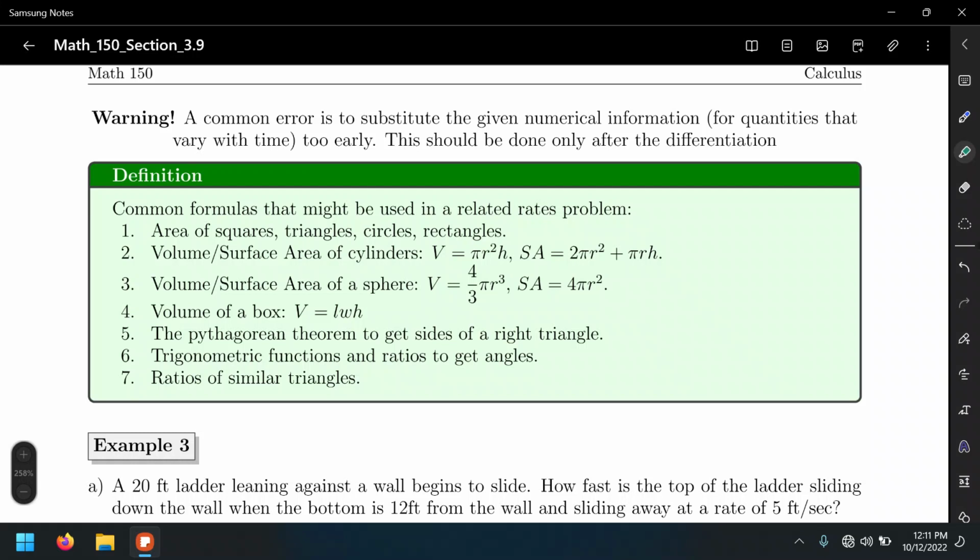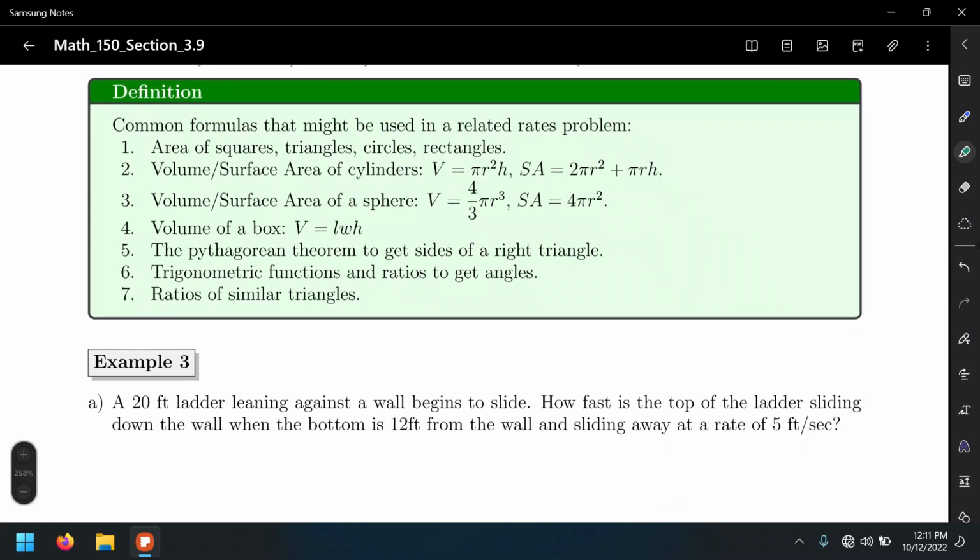The trigonometric functions and their ratios, SOHCAHTOA, could give the angles or only the ratios. And ratios of similar triangles: when we have the same triangle with the same angle, just a bigger triangle, all we do is equate the sides to their corresponding sides to get the corresponding ratios and proportions. All right, let's look at one more example.